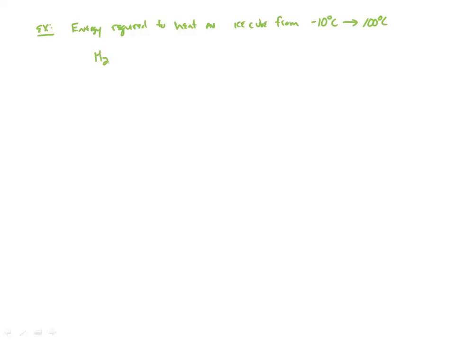And we know from looking in the book that the S value, or the specific heat, for water solid is 2.03 joules per gram degree Celsius, and the specific heat for water liquid is 4.184 joules per gram degree Celsius. So this is S from the book.